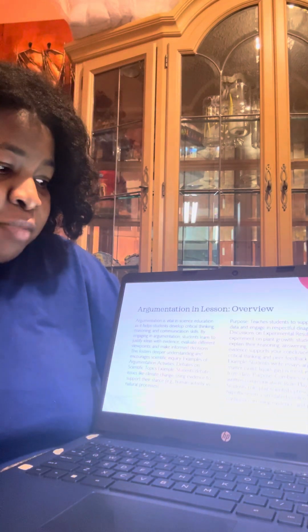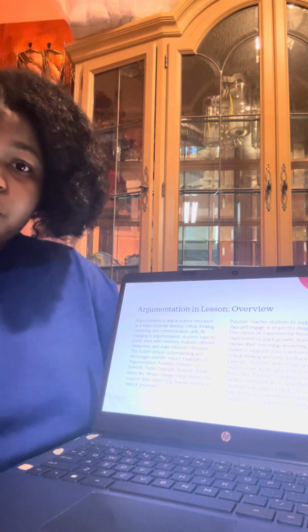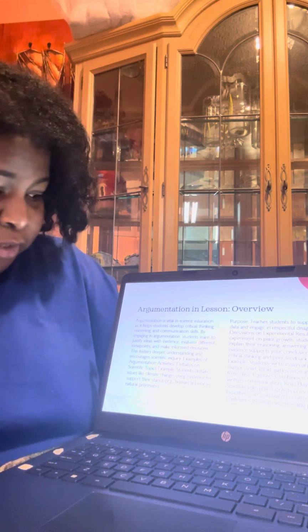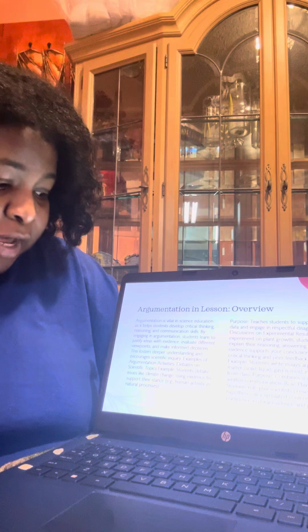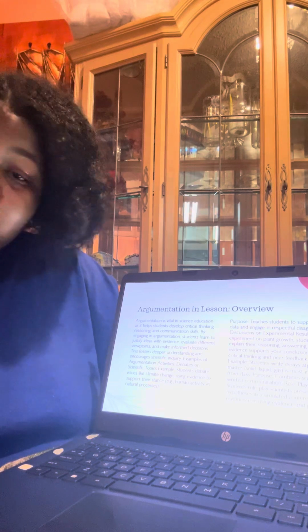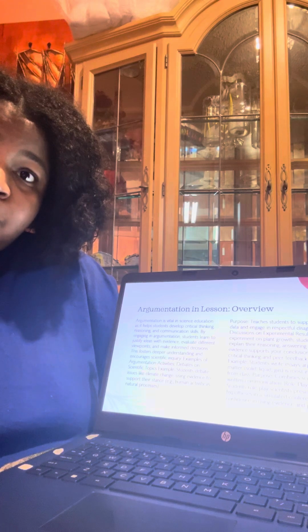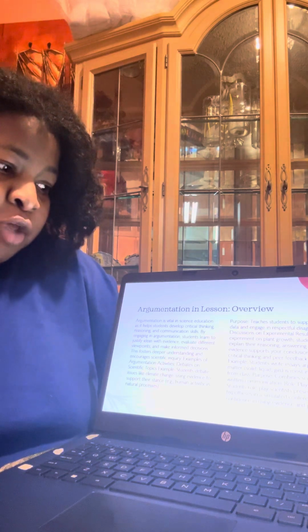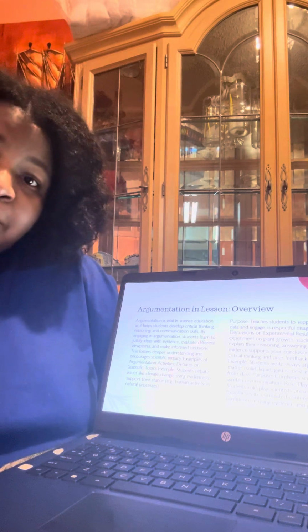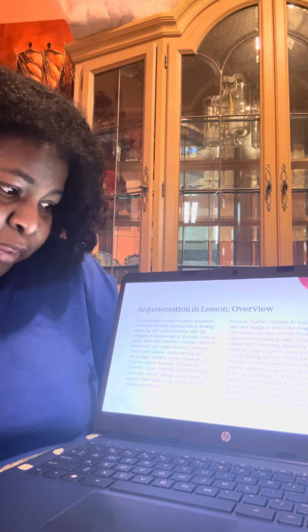Now, about the argumentative lessons. This is an overview of what we're going to be doing. Argumentation in science helps students develop critical thinking, reasoning, and communication skills based on engagement.